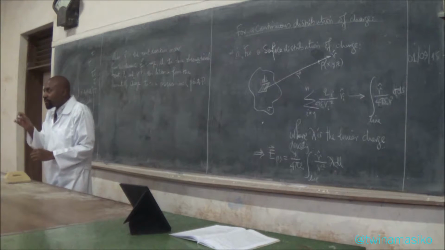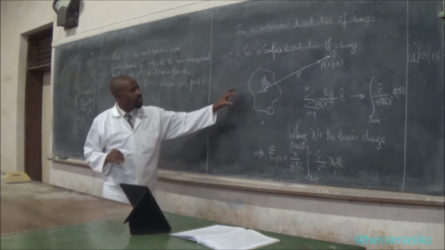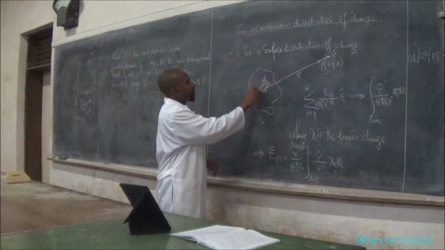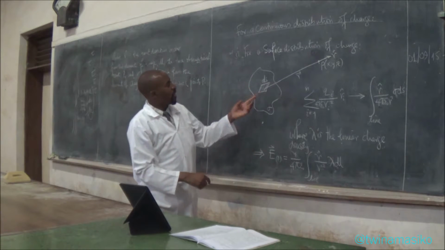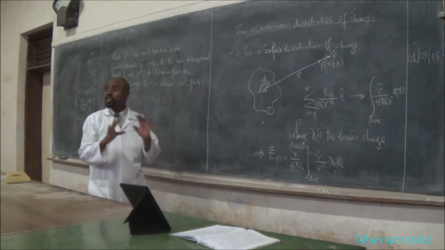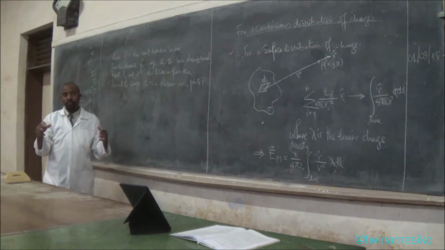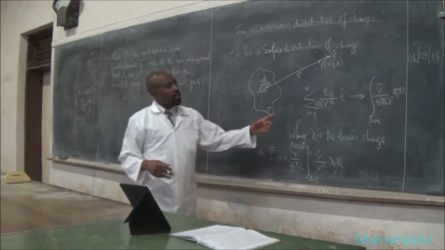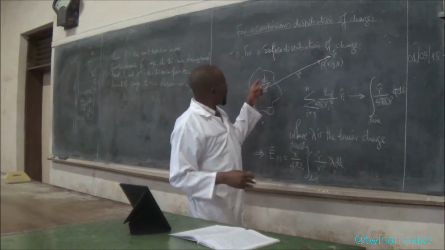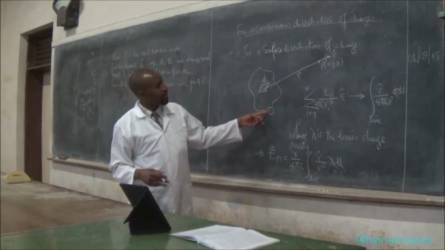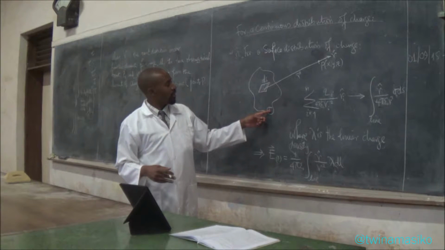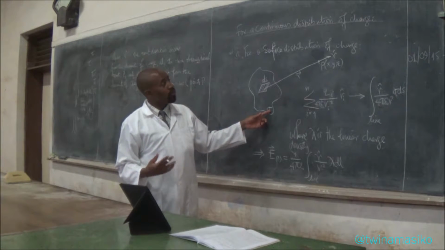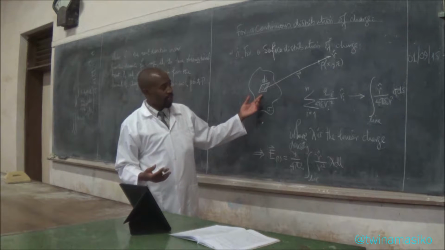So if we cut out a small piece of this area here, which could be the X, the Y, depending on the space you are dealing with, then we have this element multiplied by the elemental charge density, and we will be able to get the elemental charge.